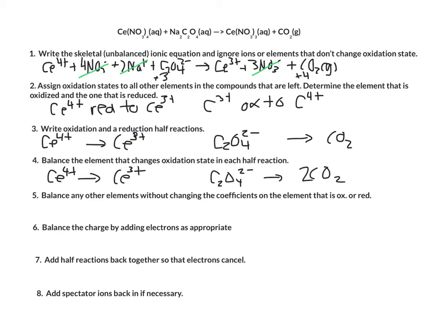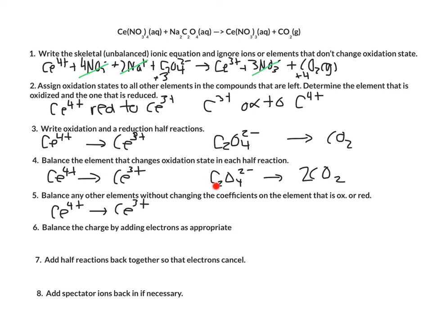The next step is to balance any other elements, and in the reduction half reaction there are no other elements, but in the oxidation half reaction I have to make sure the oxygens are balanced. So let's just copy our reduction half reaction down, because we don't need to do anything with that. And then let's inspect our oxidation half reaction.